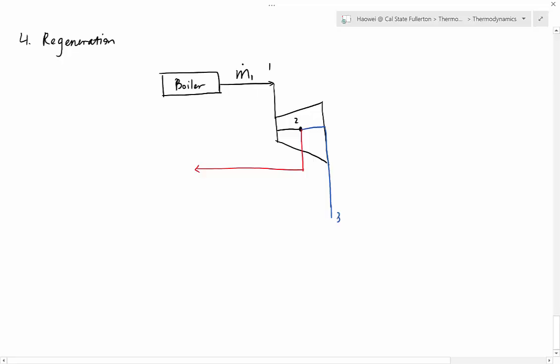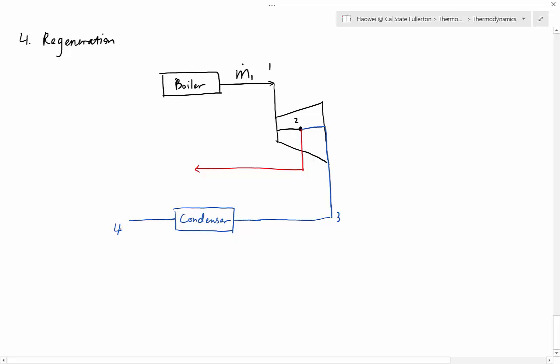And then number 3 will go through a condenser to further cool down. So 3 to 4, condenser.